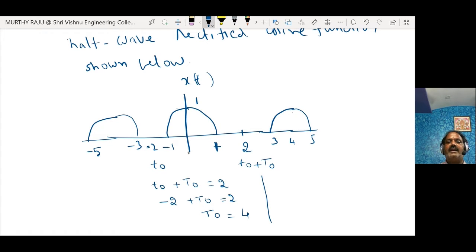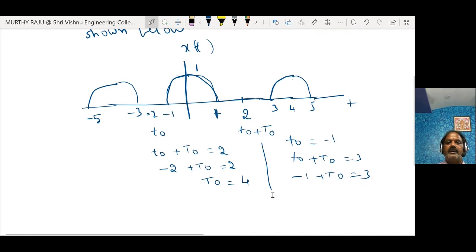Another way of defining the time period: this is the starting point here, at minus 1, and the waveform repeats again from 3. Small t naught is minus 1, and t naught plus T naught is 3, so minus 1 plus T naught is equal to 3. Therefore, T naught is 3 plus 1, that is equal to 4. This is the time period of the given waveform.